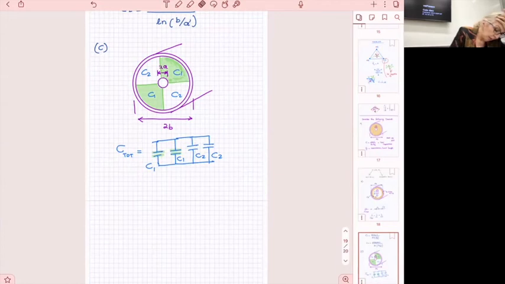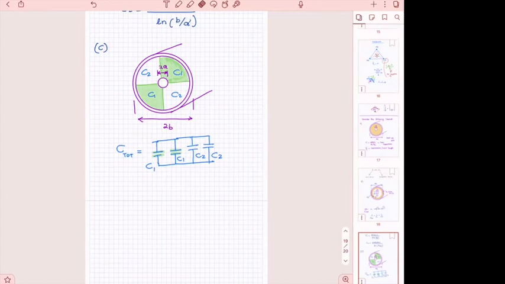And it's the parallel combination of the 4. Do you have any questions about that?